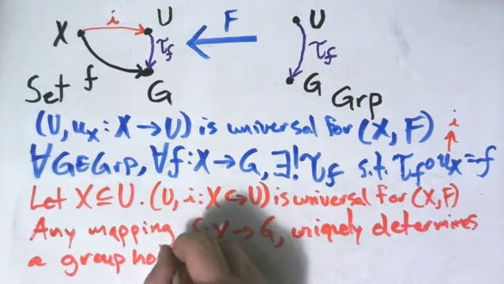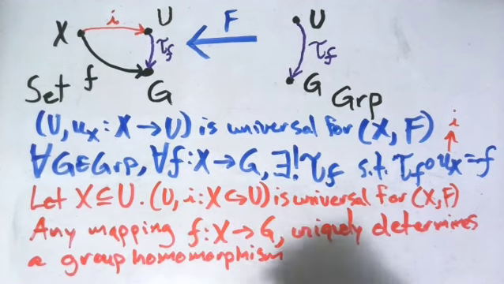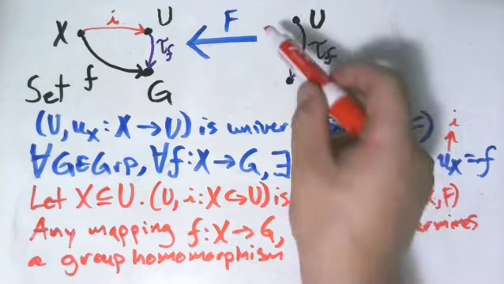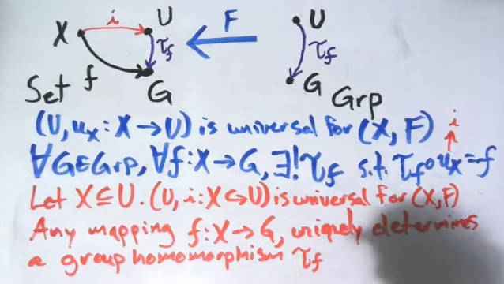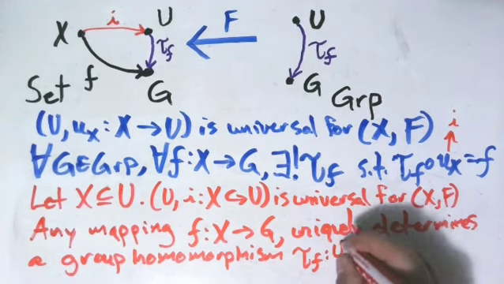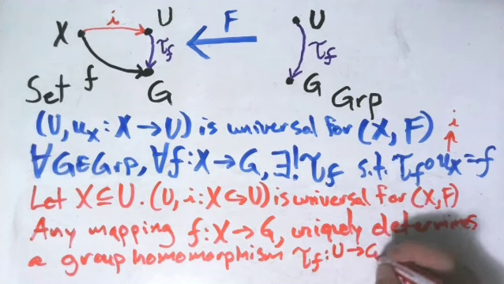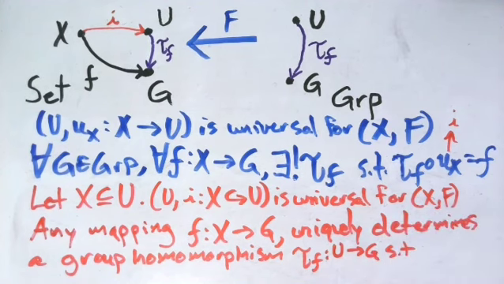Last time it was a linear map, but in this case it uniquely determines a group homomorphism, tau of F, from U into G, such that it agrees with F for every element of X.